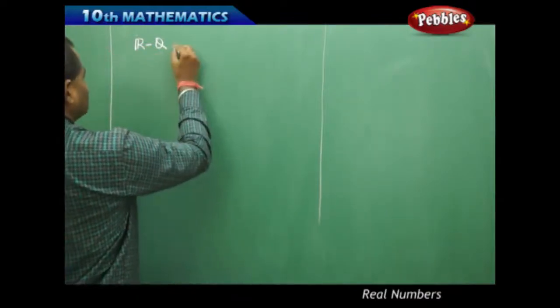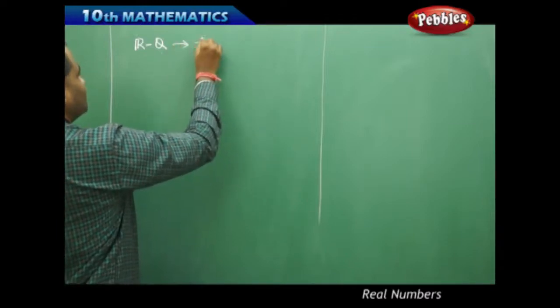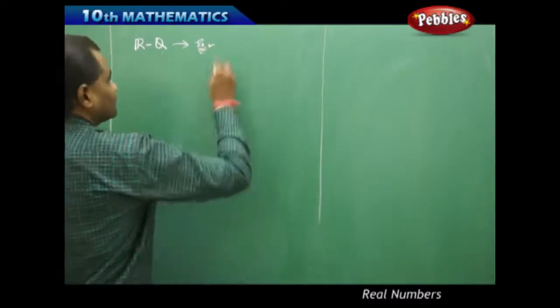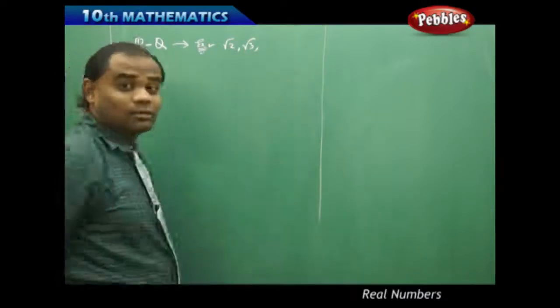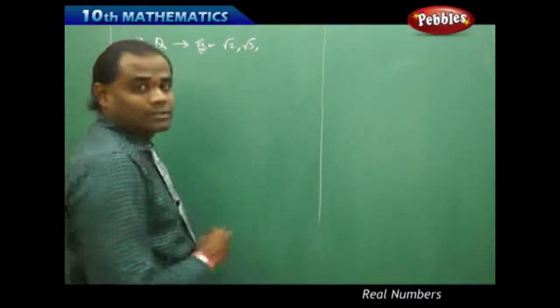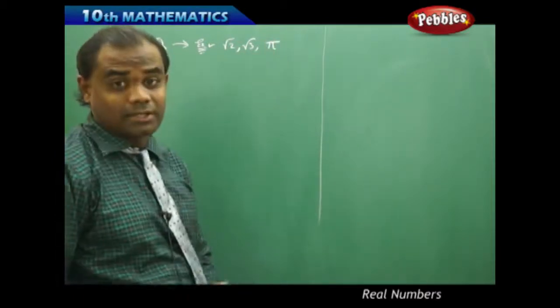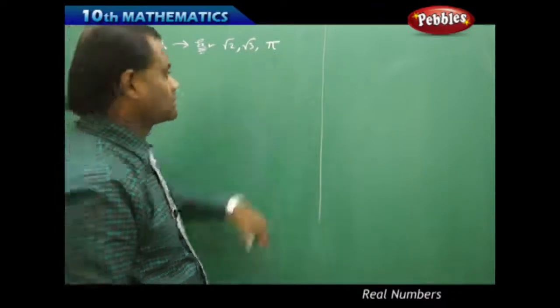Coming to the irrational numbers, there are many examples we can discuss here, like root 2, root 3, root 5, root 7, etc. The root of a prime number is an irrational number, and pi, which we know, is an exceptional irrational number because it has its own history in mathematics.